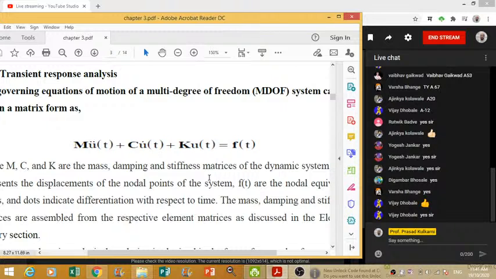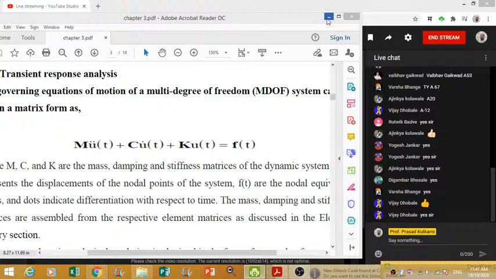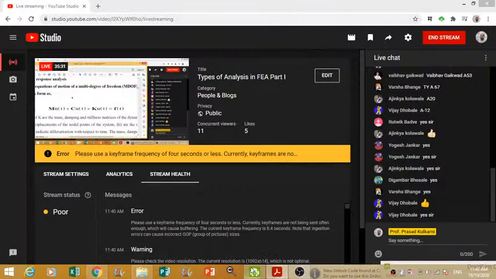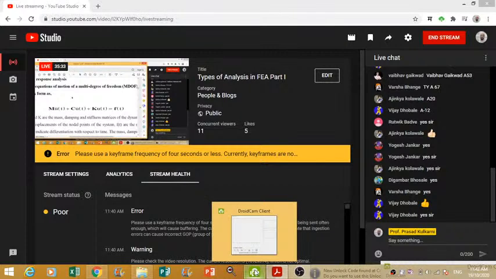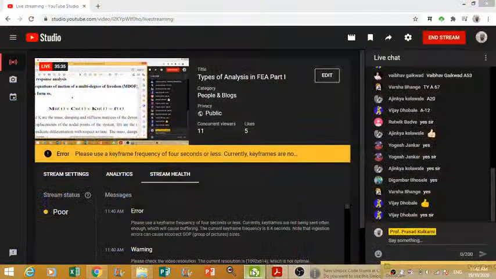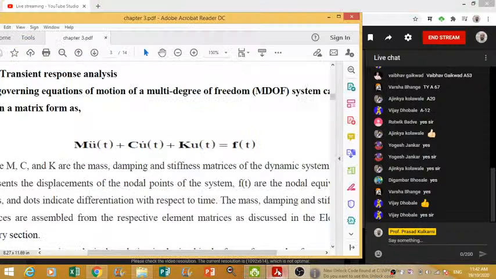Take an example of dynamic analysis of a bearing, which is nicely suitable. If you want to do the dynamic analysis of the bearing, you can directly go for transient type of analysis.